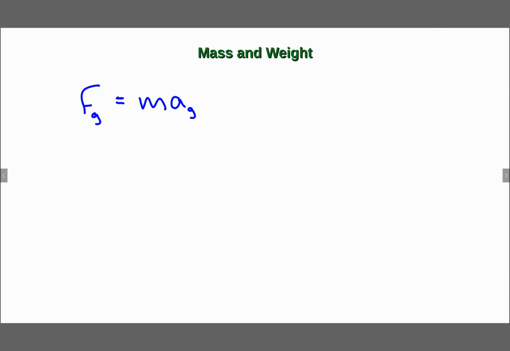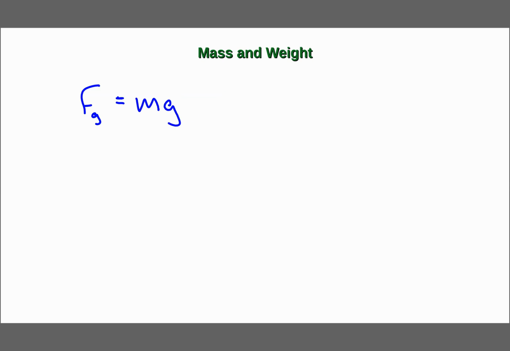But near the surface of the Earth, we know that every object has the same acceleration, right? We'll eventually get to why this is, but for now it's just a fact that you know. So if all objects near the surface of the Earth have the same acceleration, little g, then we can replace this a_g with little g like I've done here, no matter what object we're dealing with. So then Fg equals mg.